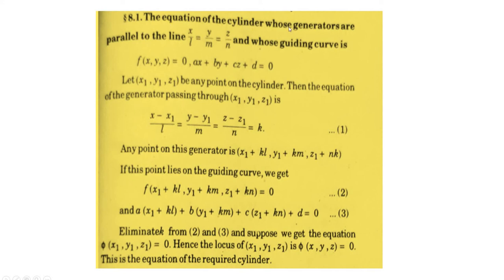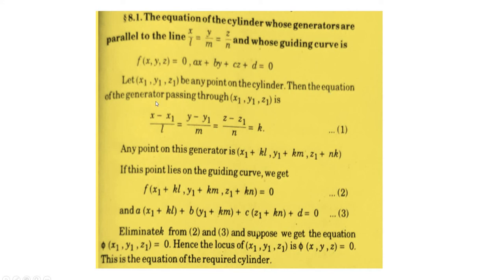Now to find the cylinder, given that the generators are parallel to a line and the guiding curve is given by a surface along with a plane, these two together give a conic. That will be our guiding curve, with generators parallel to the given line. We consider x1, y1, z1 to be any point on the cylinder.